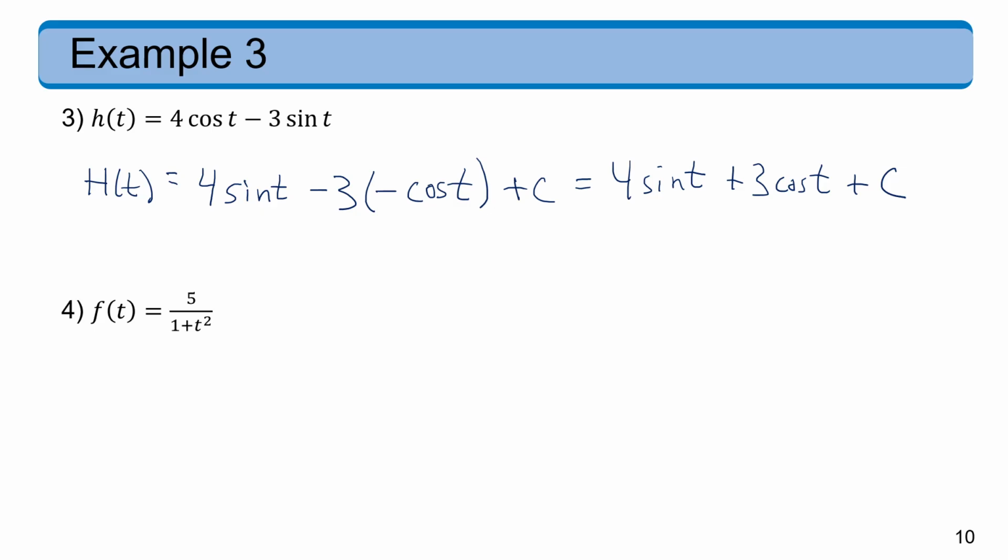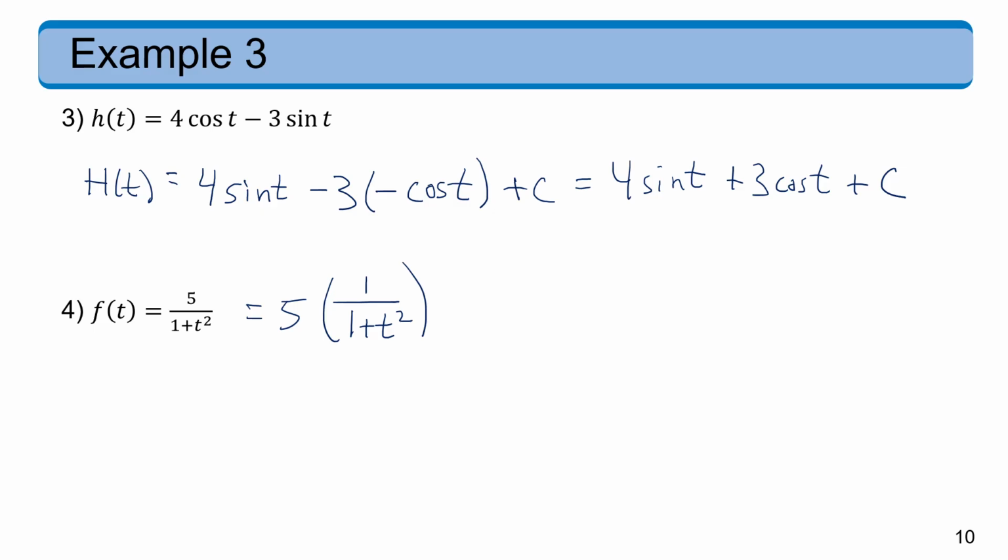Now the last one, if you don't think about that being a familiar formula, you might not know what to do with this. But this is actually on our table, especially if you pull the 5 out in front. That leaves multiplied by 1 over 1 plus t squared. That expression, 1 over 1 plus t squared, appeared on our table, although we had x in place of t.